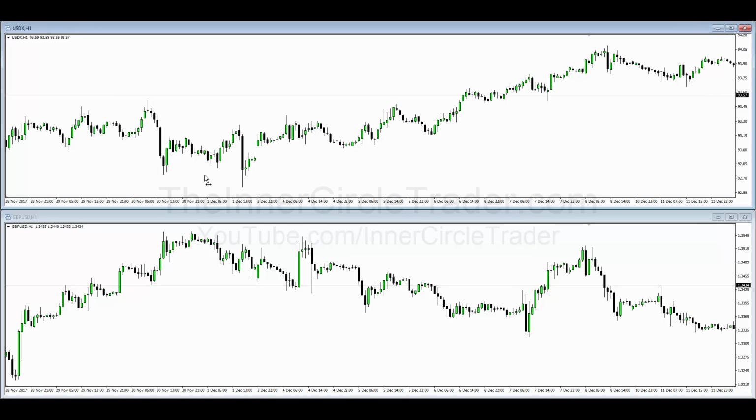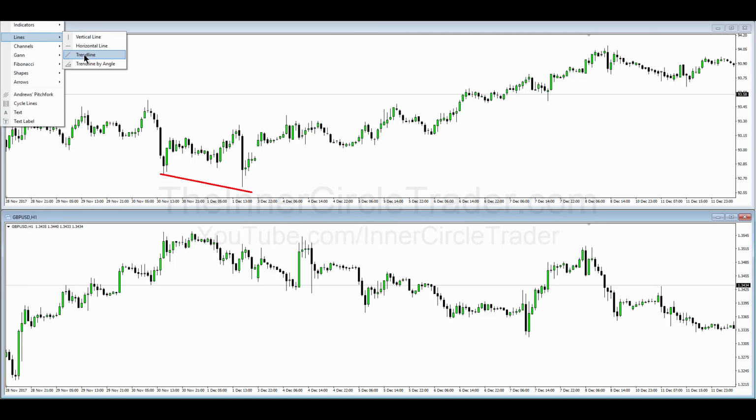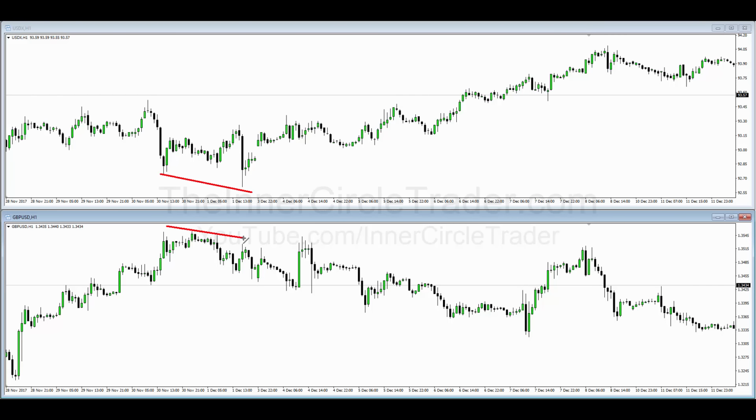You can see that the dollar index here makes a lower low here. So face value, it looks like dollar is weak. At the same time, the cable market, you can see, is not making a higher high as you would expect it to do.